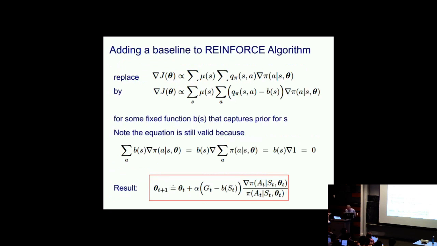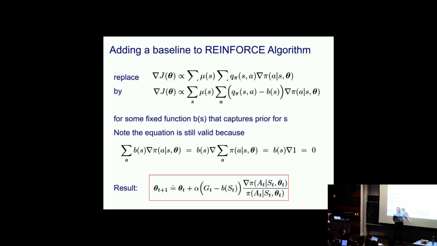But let's look at the first of these, adding a baseline. Up on top is our policy gradient theorem that we proved. The idea of adding in a baseline is this.